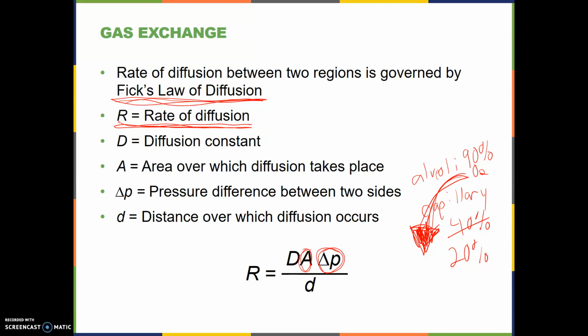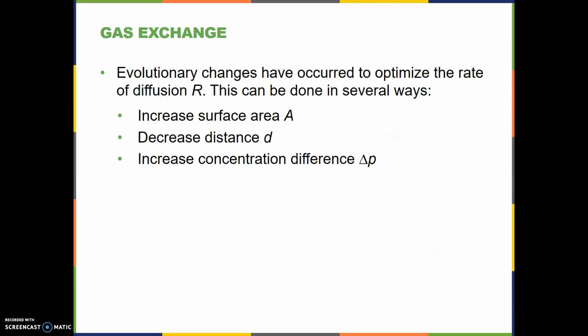And then the distance over which diffusion occurs, that one has an opposite effect. The smaller that distance, the faster the diffusion rate. So the closer together the air sac and the blood capillary are, the faster the diffusion is going to occur. Evolutionary changes have occurred to optimize the rate of diffusion.